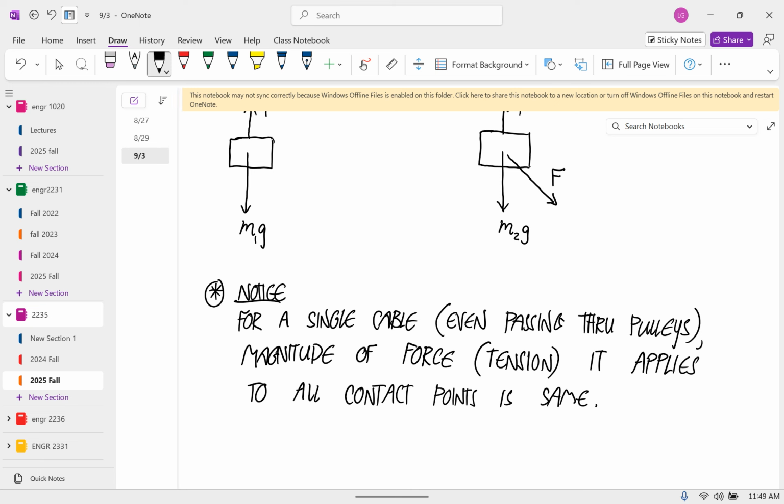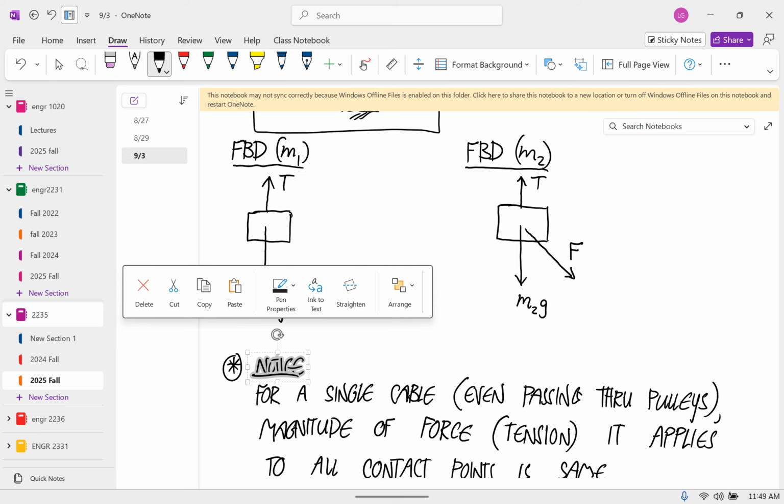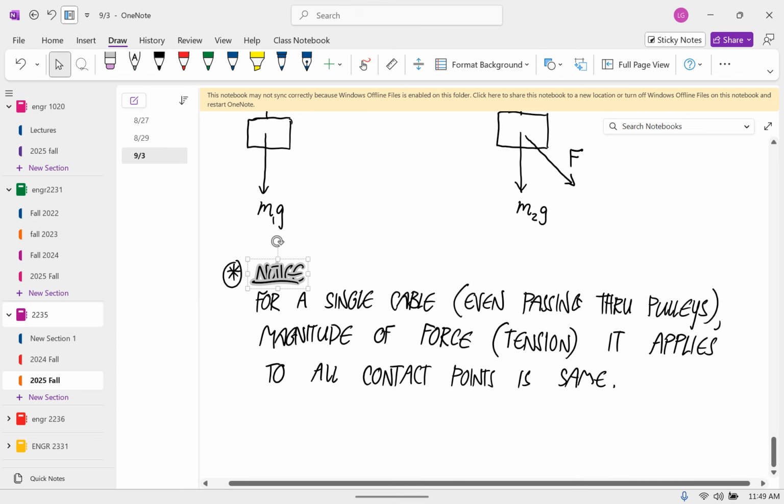So that's why we knew that the magnitude of these two forces in these two different free body diagrams, we had to give it the same name. Okay, but we'll get a lot of practice with that. And I know you've seen that stuff in Physics 1. Any questions? Okay, that's all for today.